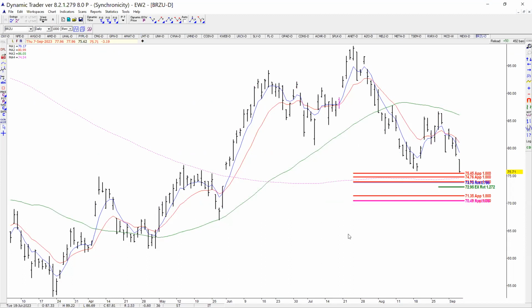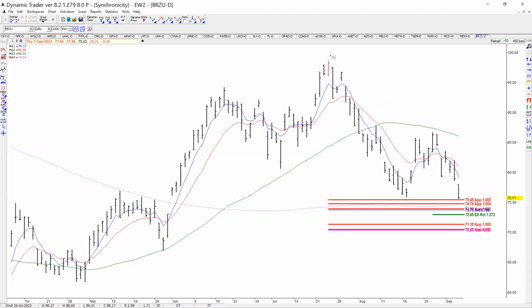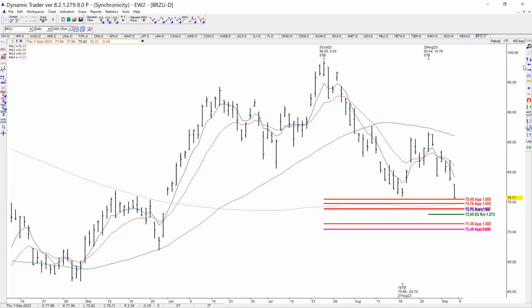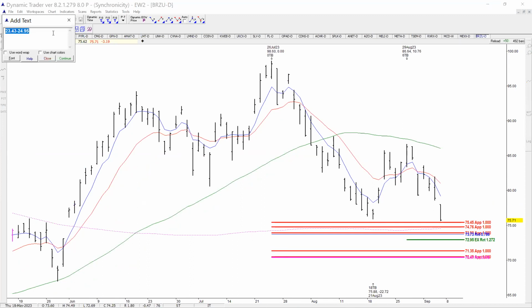So setup zone, I mean, I don't know what this trade's like. I'm not familiar with this stock at all, I don't think I've even heard of it, but that doesn't mean anything, obviously. But I will tell you that the setup zone, if you can risk that full setup zone, you could do 70.41 to 75.45.